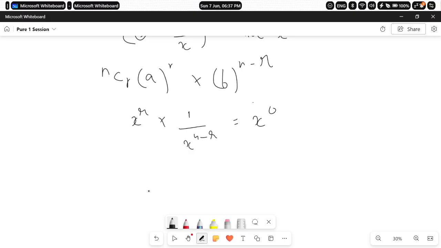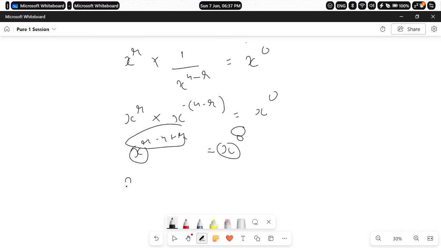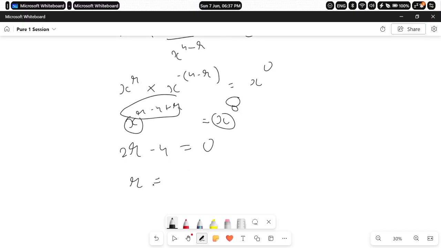Now using power properties, you get x raised to r times x raised to minus (4 minus r) is x raised to 0. Now you add this up, so you get x raised to r minus 4 plus r is x raised to 0. And because the bases are the same, you can simply compare the powers and you end up getting 2r minus 4 is 0, and then r is basically 4 by 2, which is 2, like I said.